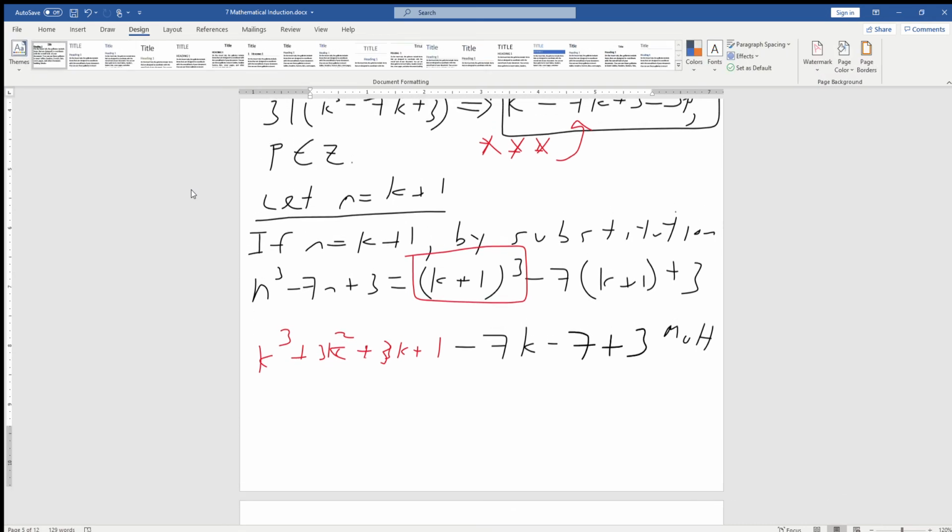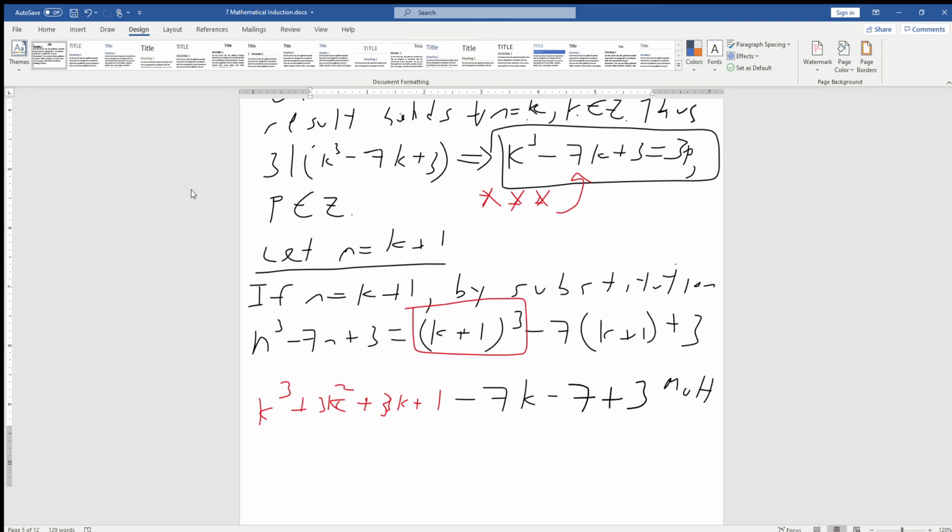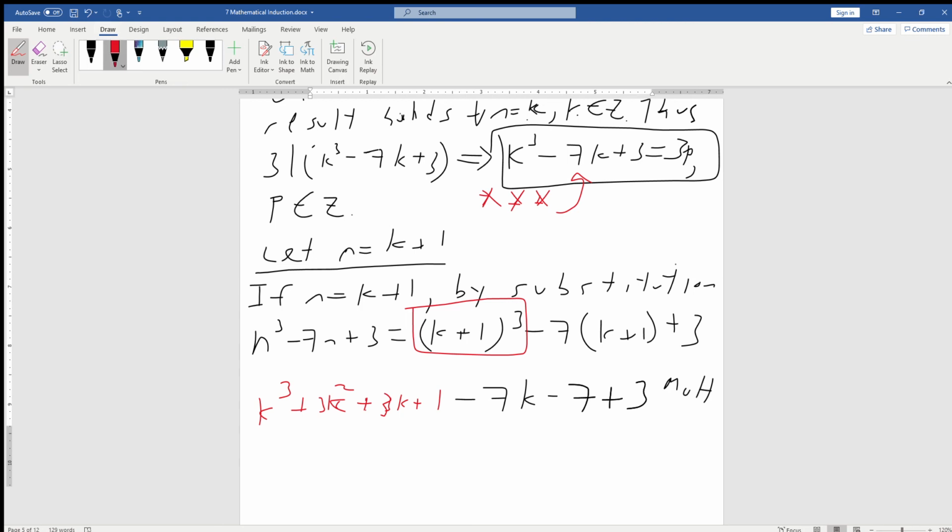So what I'm going to do is rewrite the problem. And when I rewrite the problem, I'm going to rewrite it so that I have the terms from the inductive hypothesis right next to one another. I'm just going to use the commutative and associative properties. So we have this k cubed. We have a minus 7k. I'm just crossing these out as I bring them down. So minus 7k. Then we have the plus 3.